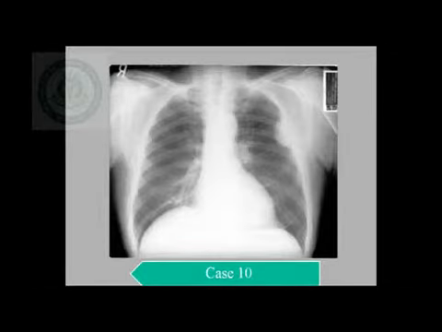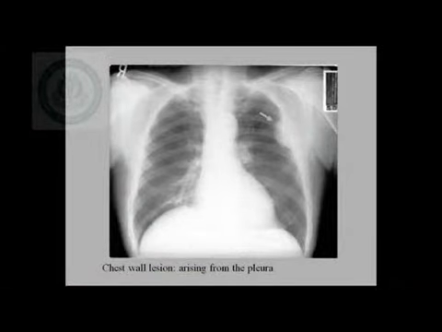Now, we were talking about the opacities in the lung field. Now, we come to an opacity in the periphery of the lung field. This particular case shows an opacity abutting the left chest wall. Whenever we talk about opacities abutting the chest wall, it can be a pathology in the periphery of the lung, or it can be a pathology from the pleura or from the chest wall.